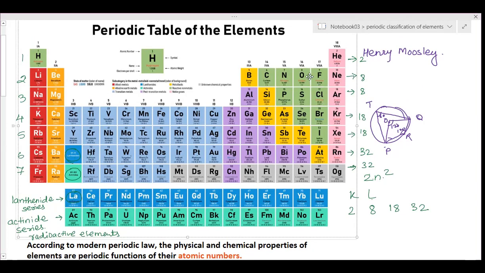That means with 2 and 3 shells, the second and third periods have 8 elements. Then the fourth and fifth have 18 elements each, which have 4 and 5 shells. Now 6 shells have 32 elements and 7 shells have 32 elements, so they are placed in the 6th and 7th periods.